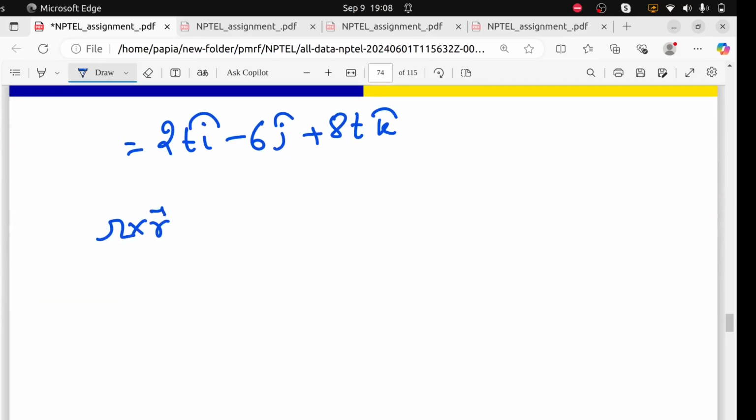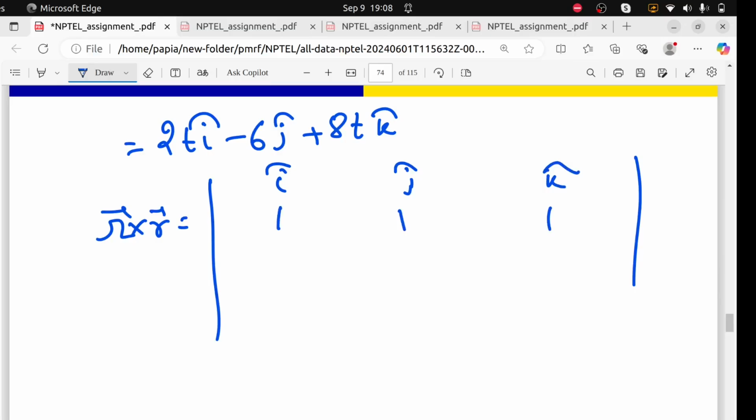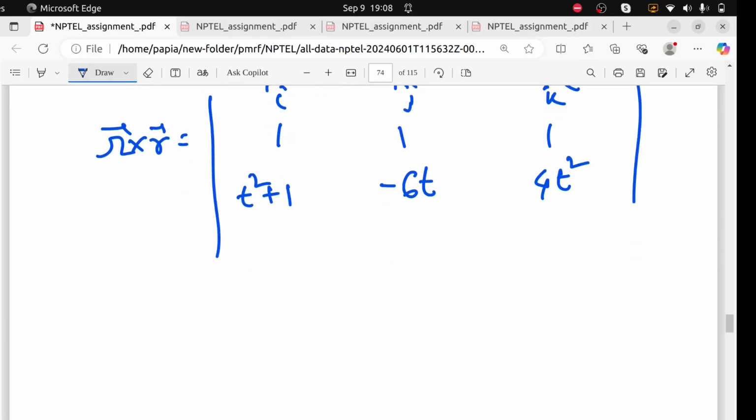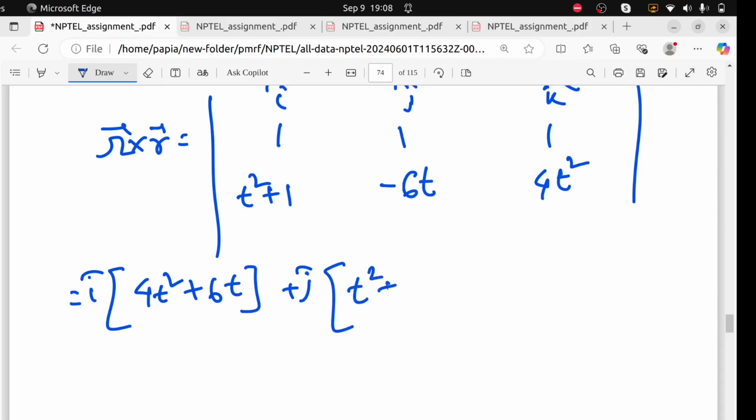Now omega cross r I need to calculate. 1, t square plus 1, minus 6t, 4t square. t square plus 6t, t square plus 1, minus 4t square, minus 6t, minus t square minus 1.